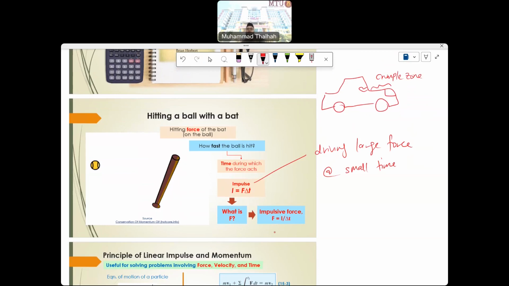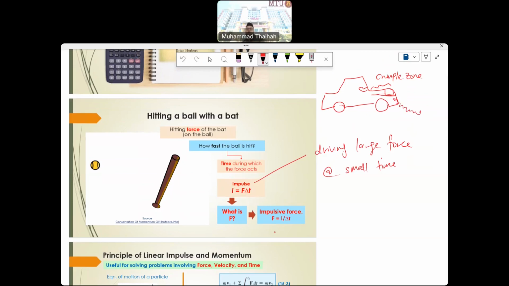Because when you get into an accident, God forbid, the first thing that is going to save your life is not the airbag. The first thing is going to be the crumple zone, whereby the hood at the front, made up of aluminum, steel, whatever makes up the car, will crumple like this.